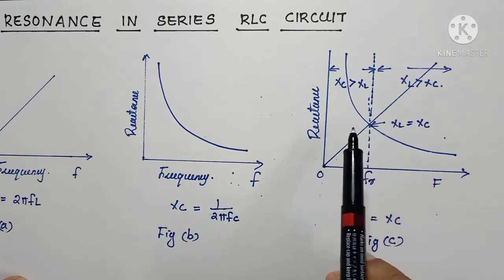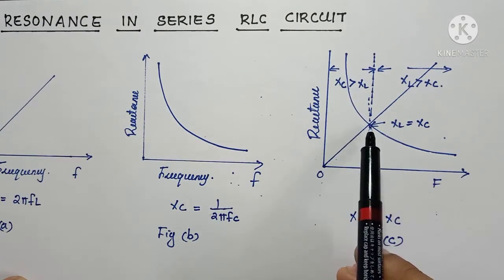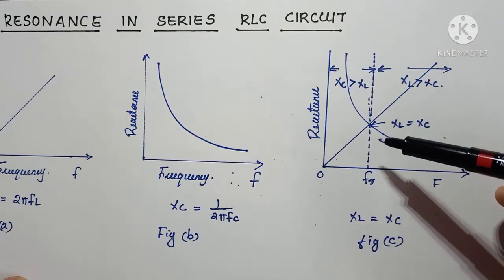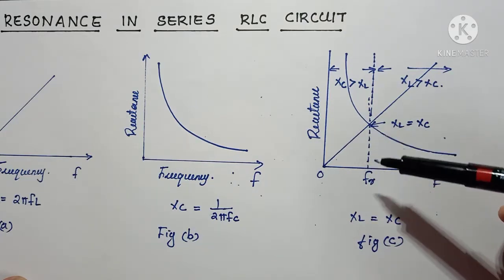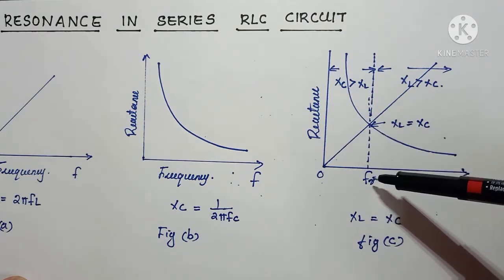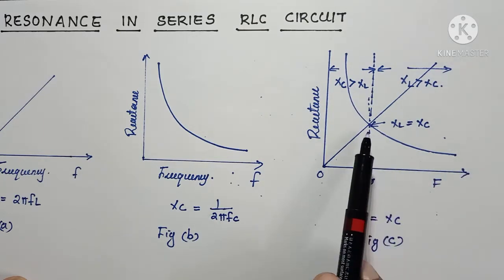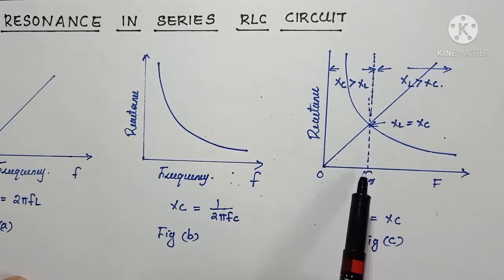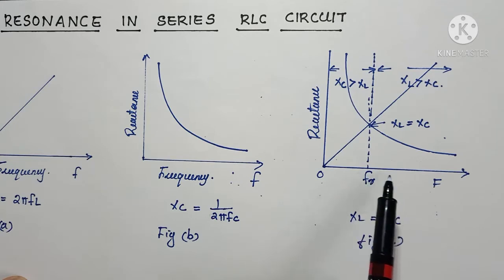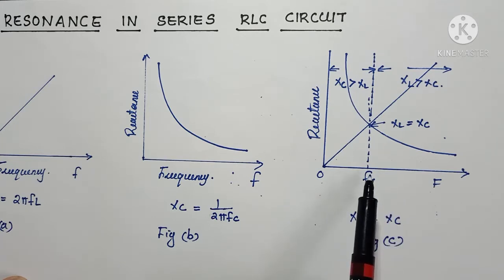Before discussing that point, one term is very important, that is frequency. At the point of resonance, the frequency is the resonance frequency. Resonance frequency is the frequency at which the resonance condition occurs.